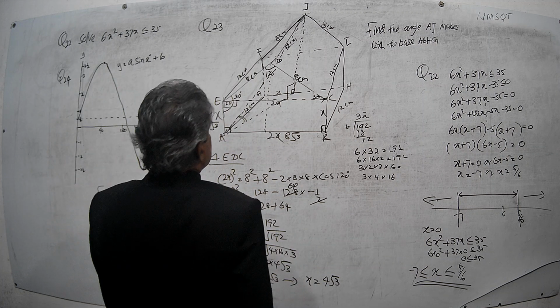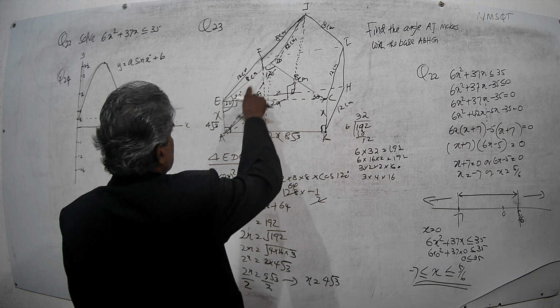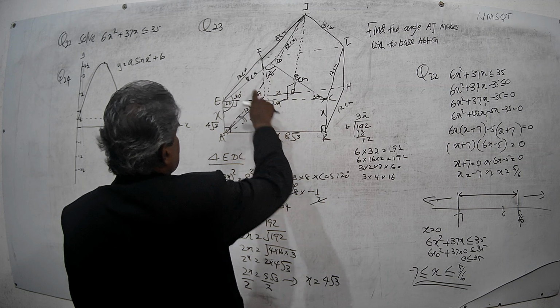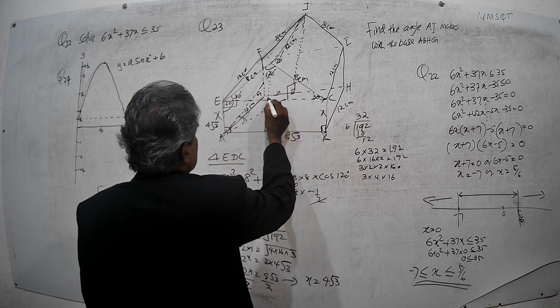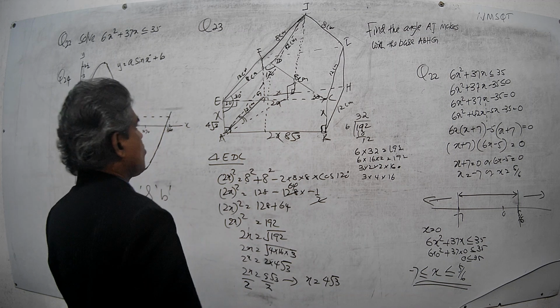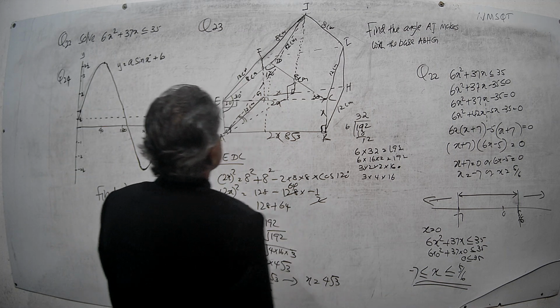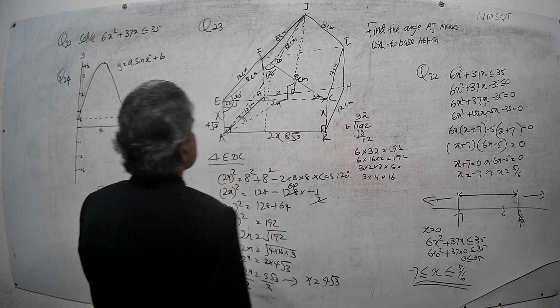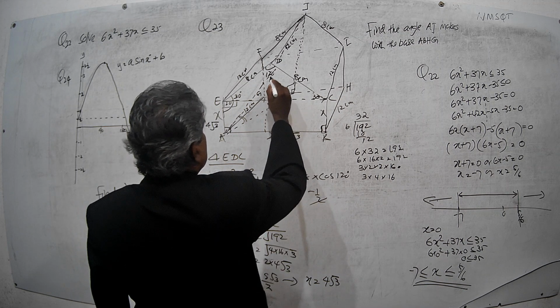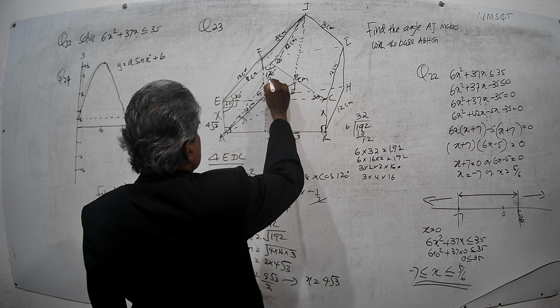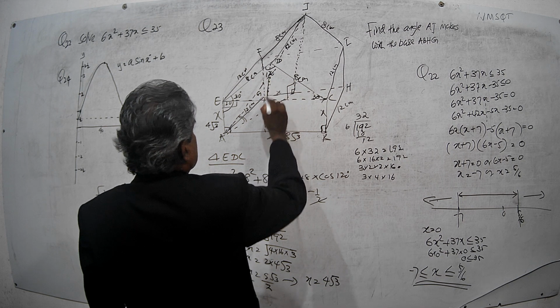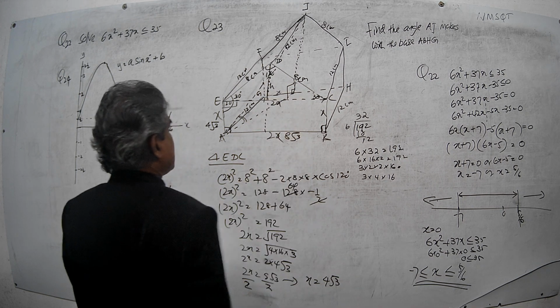We can apply sine with this 30 degree angle and this hypotenuse. This is also 90 degrees. Then we will take this as h and find that.